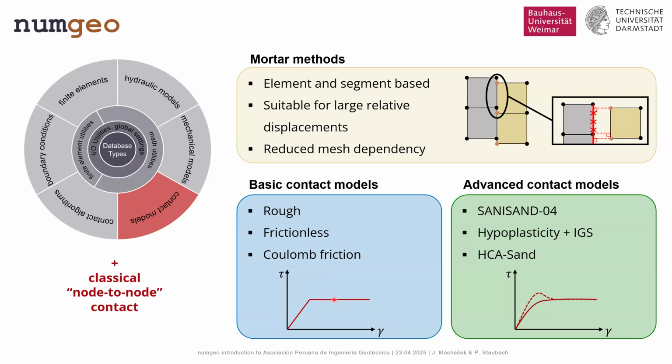But on top of these basic contact models, we also implemented some advanced contact models, and they allow you to use some of the continuum models that we use to describe soil behavior in the interface. For example, you can use the sand model or the hypoplastic model or even the high cycle accumulation model in the contact formulation to describe the behavior in the interface between a structure and the soil.